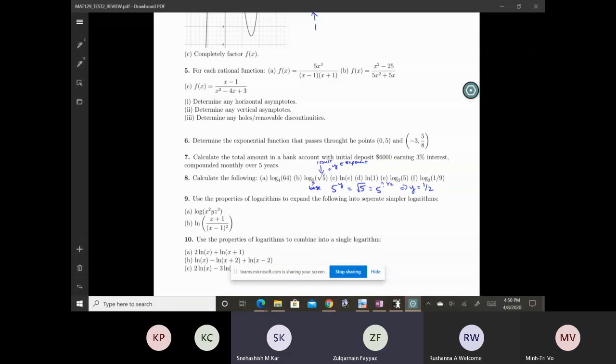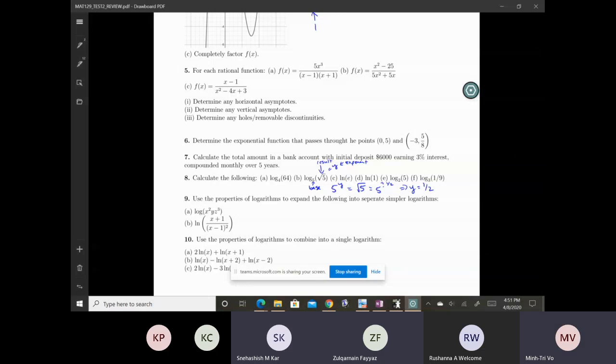Wait. How is the base 1/2? You said if the base is the same, then the exponent has to be the same, right? Wait, you didn't use the calculator, right?